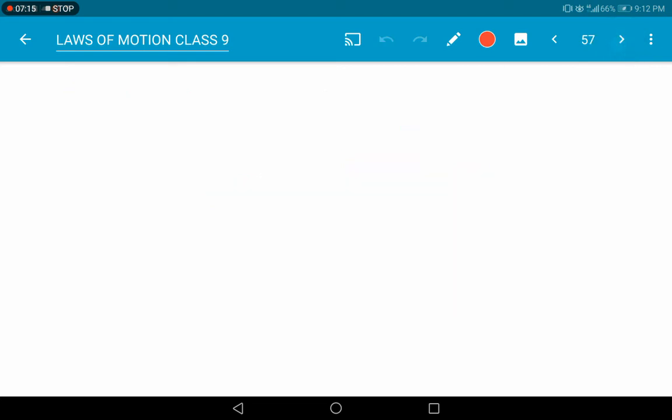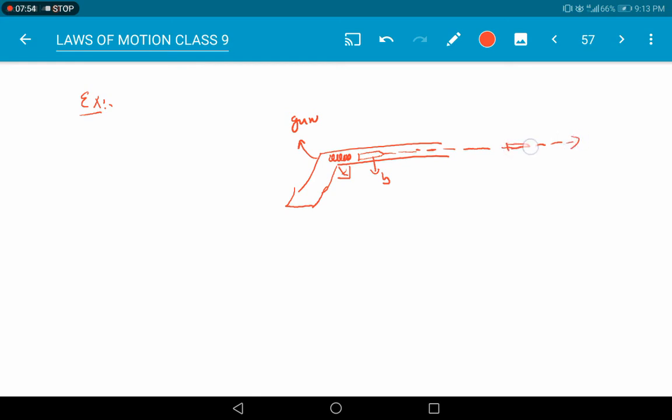Okay, let us take one more example: when a bullet is fired from a gun. When you press the trigger, due to the spring action the bullet moves in the forward direction when it is released from the gun.